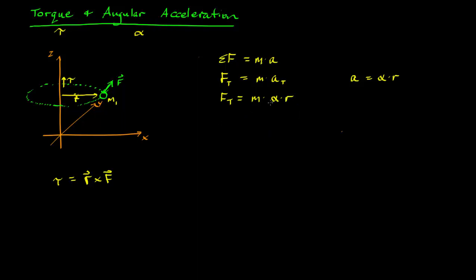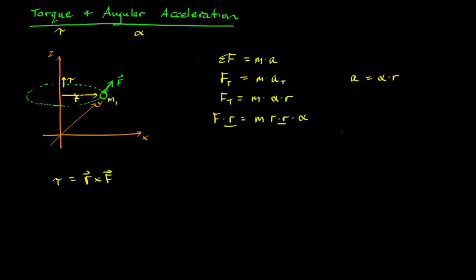Okay. Now, since this is at 90 degrees to the R, let's go ahead and multiply everything by another R. The reason for that is, well, you'll see. So I'm going to put the R's out front, and it would be R times the acceleration. What I did is I just multiplied each side by R, and that's fine as long as you do the same thing on both sides.